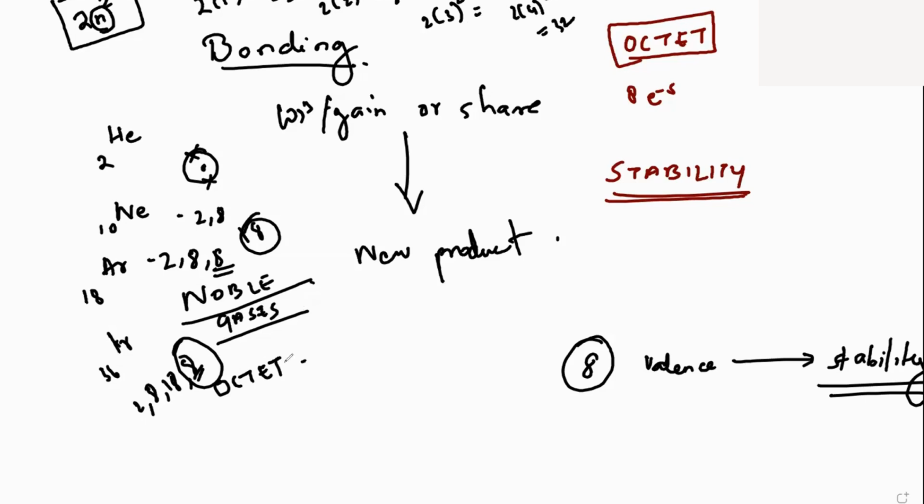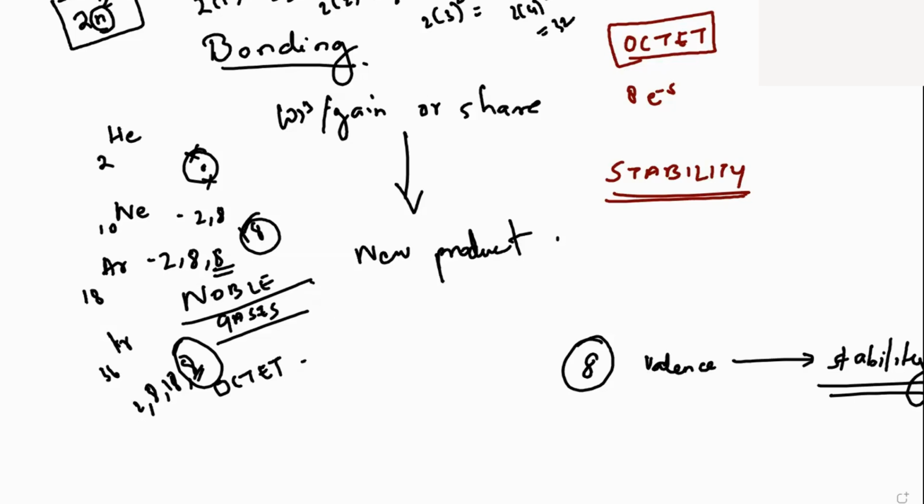Now, knowing that all the noble gases have an octet in their valence shell, and also knowing its property of being highly stable and least reactive, it doesn't react at all, very stable in nature, this is why all the other elements also want to attain such stability.